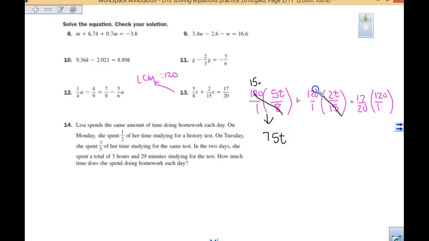This next one, 15 goes into 120. Since 8 went in here 15 times, we figure this is probably going to be 8. And you could check by taking your calculator and dividing 120 by 15 and get 8. So now we're taking 8 times 2t, Haley, and it leaves us what? 16t.